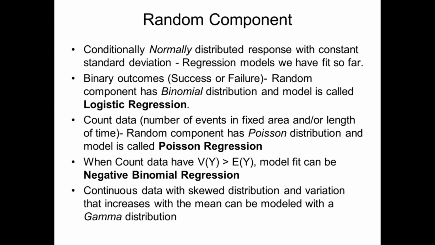So when count data have a variance which is higher than the mean of the variable, the model cannot be fit with Poisson regression, because one of the main hypotheses hiding behind Poisson regression is that the variance is equal to the mean of the random component of our variable.